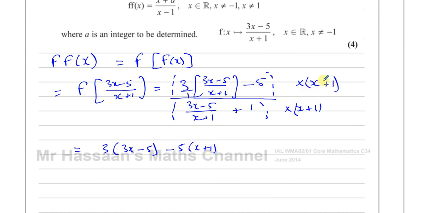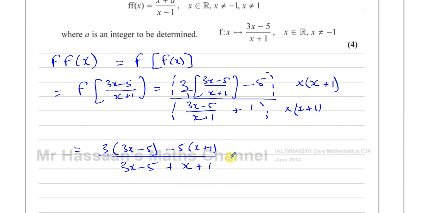So multiply this x plus 1 with this term, x plus 1's cancel, multiply with this term, I'm left with minus 5 times x plus 1. That gets rid of that denominator from the numerator of this. And then if I multiply this term by x plus 1, 3x minus 5 over x plus 1 times x plus 1's cancel, leaving you with 3x minus 5, and then you have 1 times x plus 1.